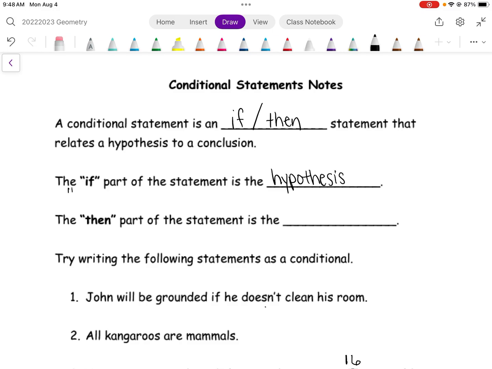I also like to refer to that as the condition to be met. So that's the hypothesis. So like if this happens, then the conclusion happens. So whatever comes after the then is obviously the conclusion.